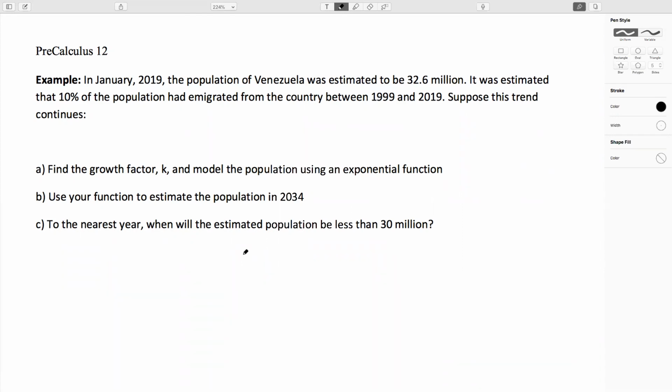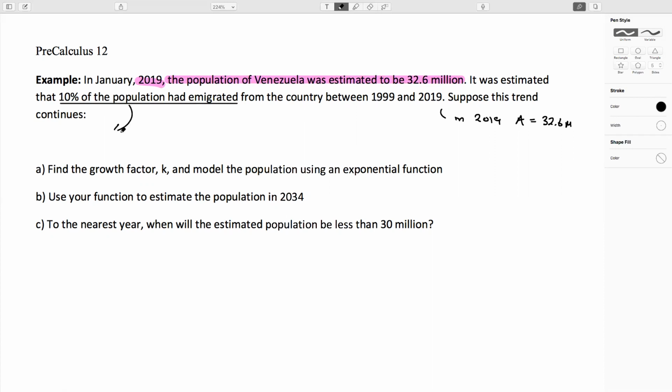So let's list out what we know. We've got quite a bit to unpack here. In January 2019, the population was estimated to be 32.6 million. So in 2019, A equals 32.6 million. And I know that this is 90% of what I had in 1999, because 10% of the population has emigrated.